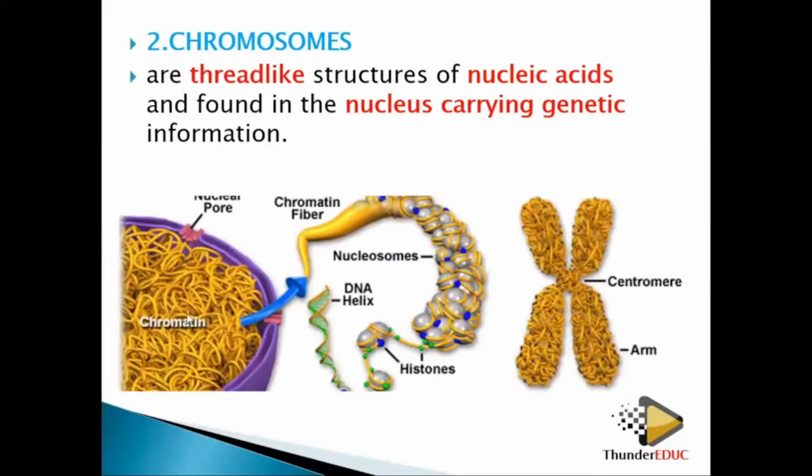Then, if you look at this structure, you might think that this is noodles or spaghetti. Yes, but if you condense it, if you shorten it, you squeeze it, it forms what you call chromosomes. So when they cross, they look like this.